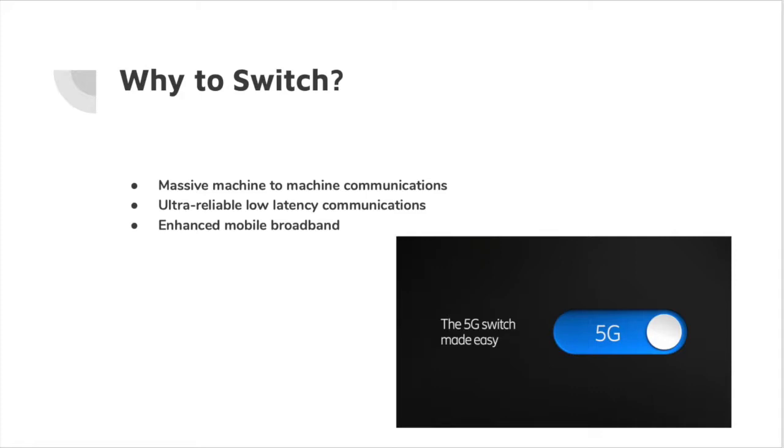This will help open up a new world where remote medical care, procedures, and treatments are possible. Thirdly, enhanced mobile broadband, providing significantly faster data speed and great capacity, keeping the world connected. And this is one of the main components in IoT: fast speed and great capacity.